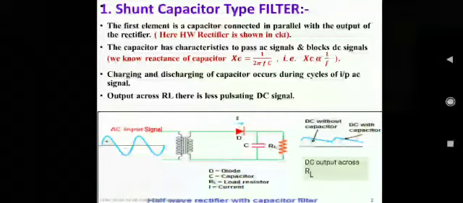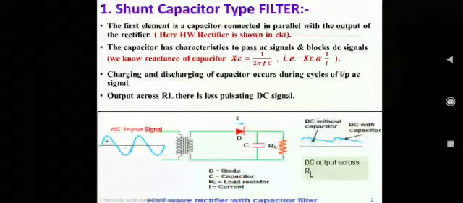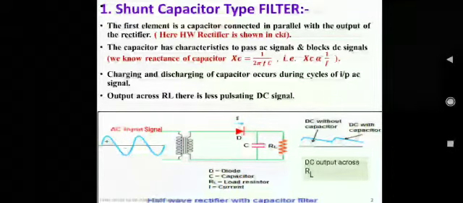In this way the DC is available at the load resistor, and AC signal which is at the output of half wave rectifier is bypassed or passed through capacitor.